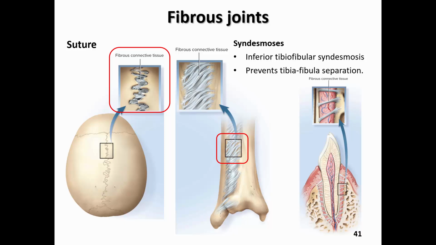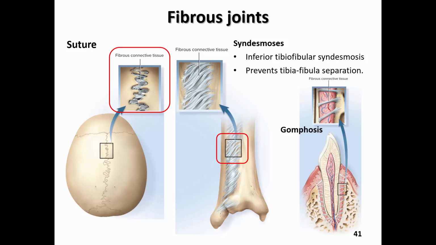The function of these is to essentially prevent separation of the tibia and the fibula, but it's not immobile. This connective tissue does allow a little bit of separation, and that's going to be necessary for the ankle and foot to go through motion, but we don't want too much separation here.